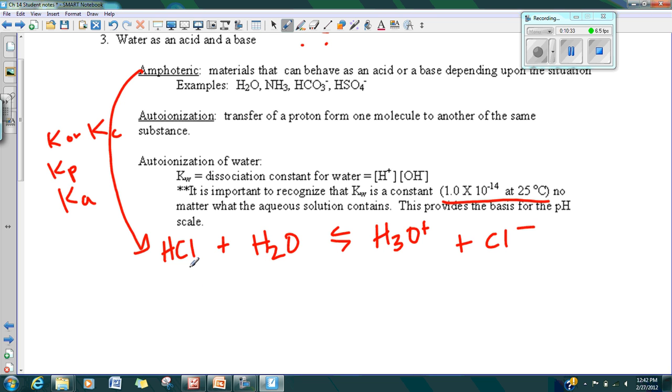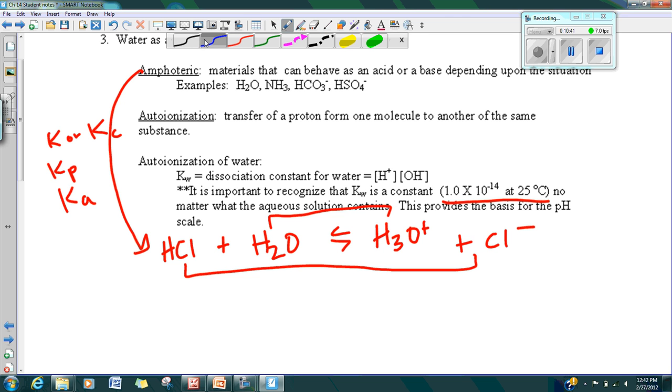If I bracket these together, you can see that this is donating a proton and this is taking one in. So this is my acid, and this becomes my conjugate base. My bases are proton acceptors, and so this is accepting a proton here, so this becomes its conjugate acid.